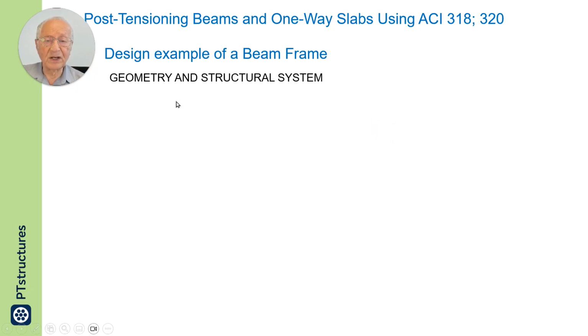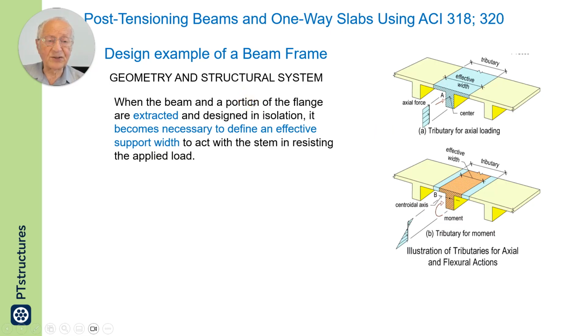So we are continuing on geometry and structural system. When the beam and a portion of the flange are extracted and designed in isolation, it becomes necessary to define an effective support to act with the stem in resisting the applied load.